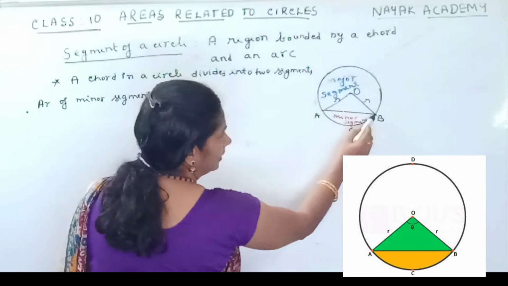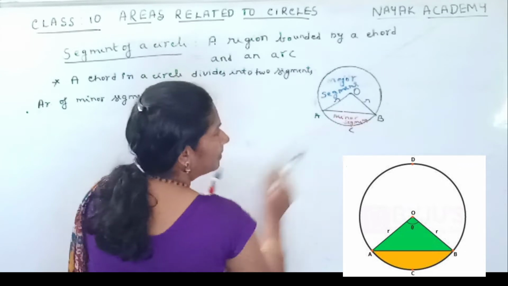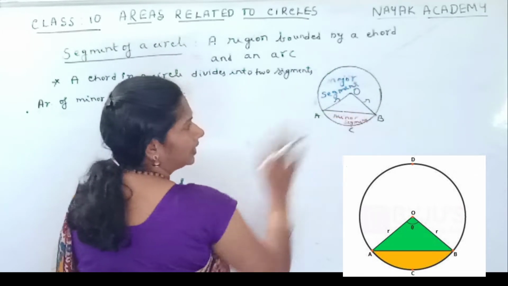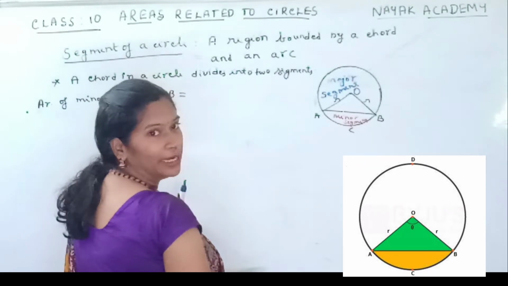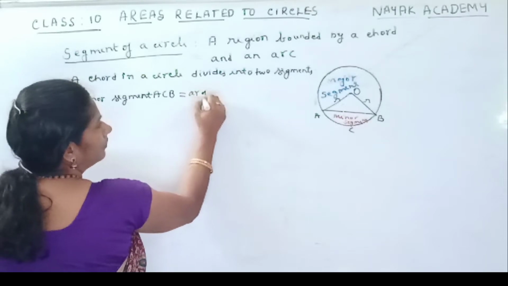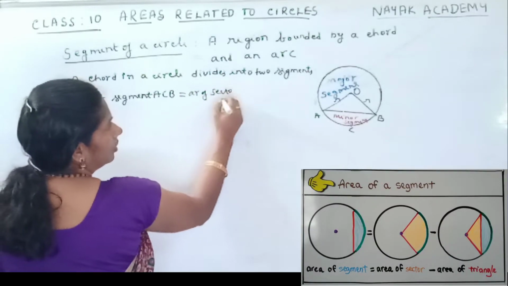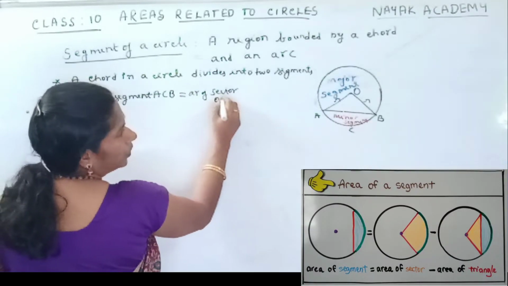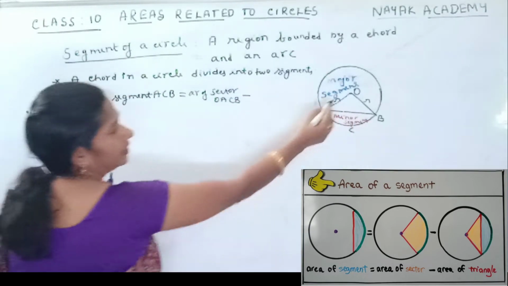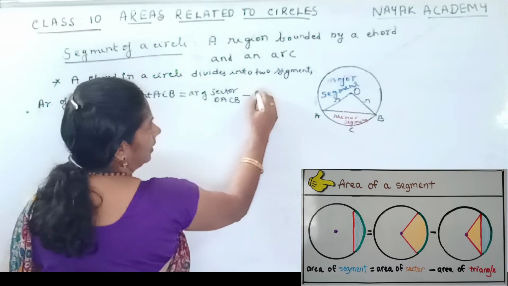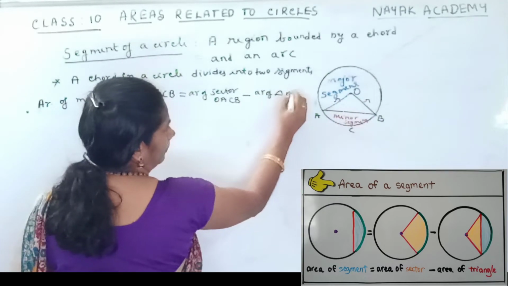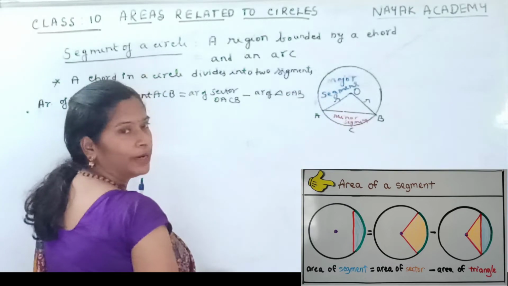Let me write here, area of sector OACB minus area of a triangle OAB. You will get area of minor segment.